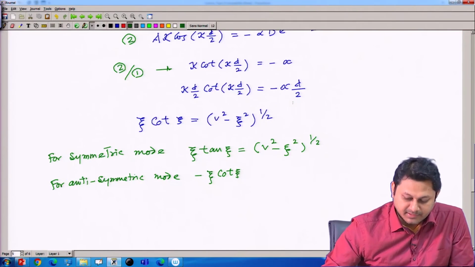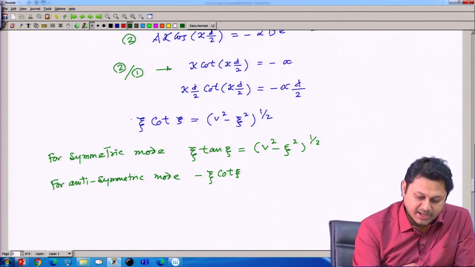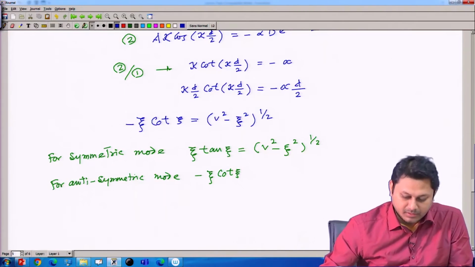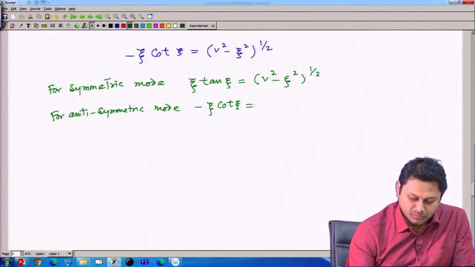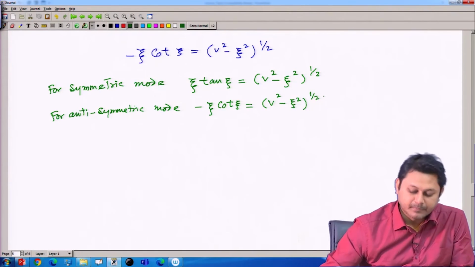Okay, I missed a minus sign here because there is a negative sign sitting here. So, that is why I should have a minus sign, is equal to (v square minus xi square) whole to the power half.